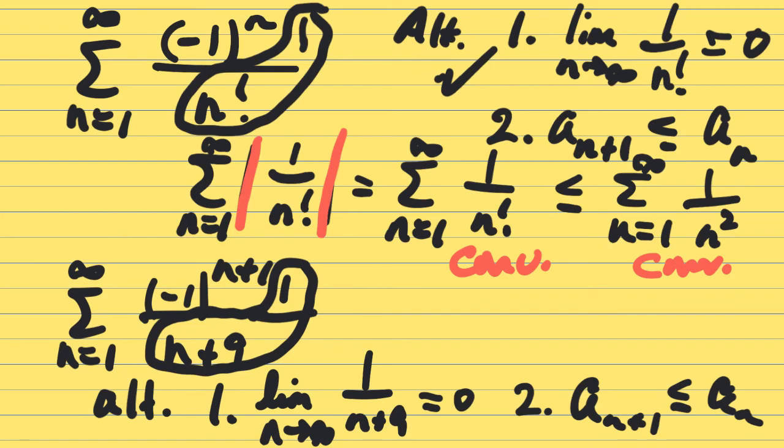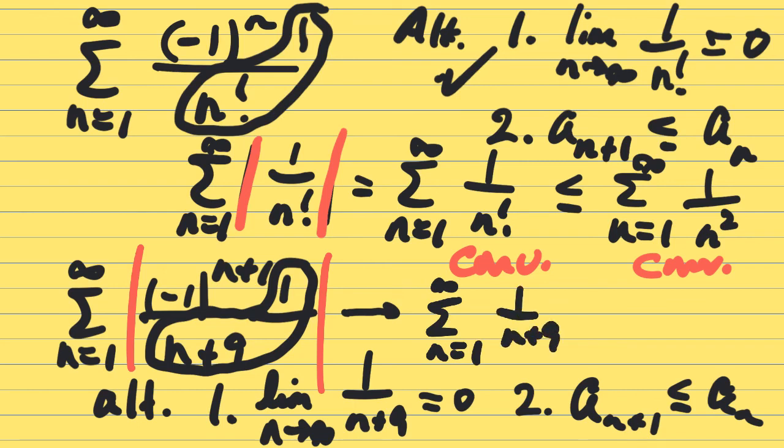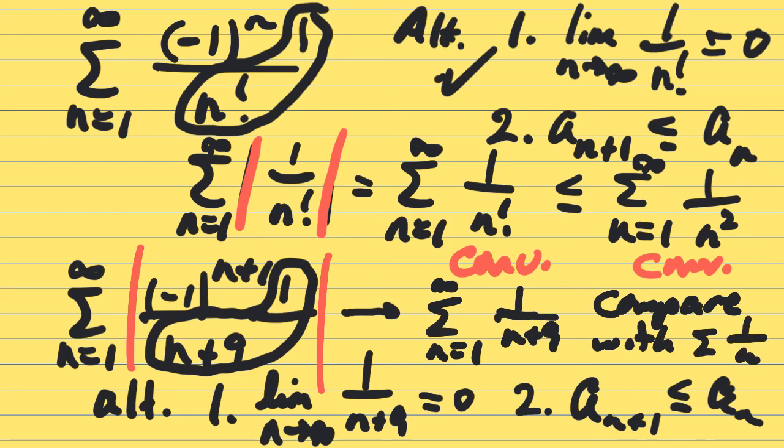But when you absolute value, essentially removing the sign alternator, and if you were to do a limit comparison with the harmonic, you would get a limit of 1, and that means that the original and the one you're comparing it to must either both converge or both diverge.